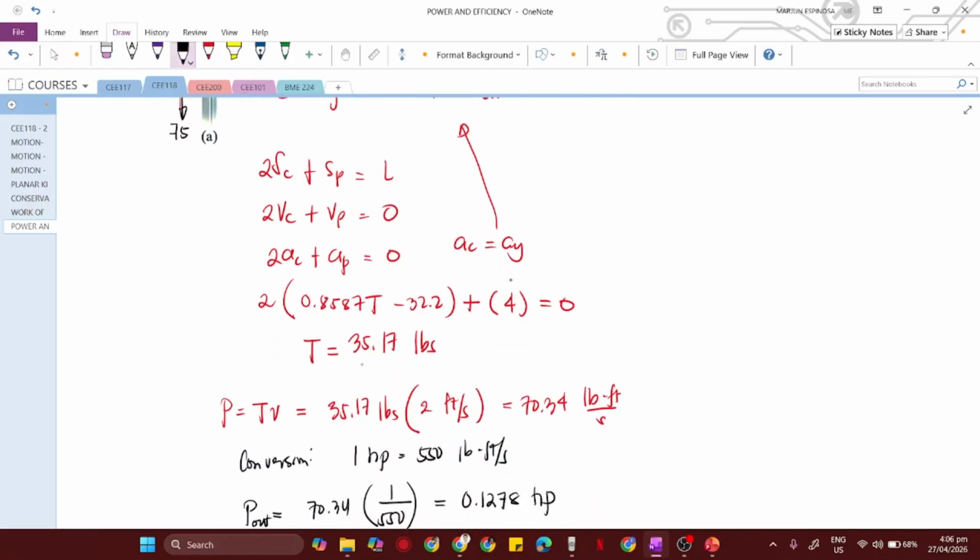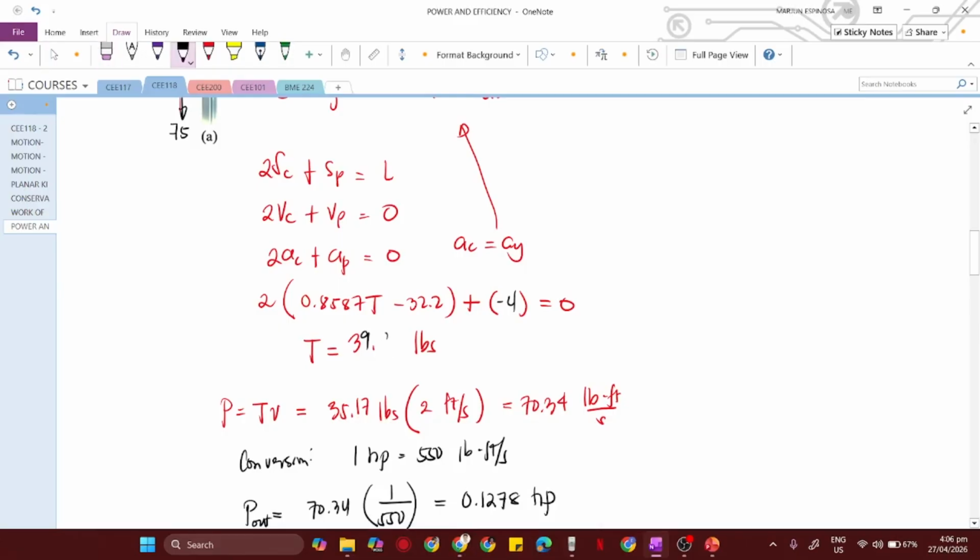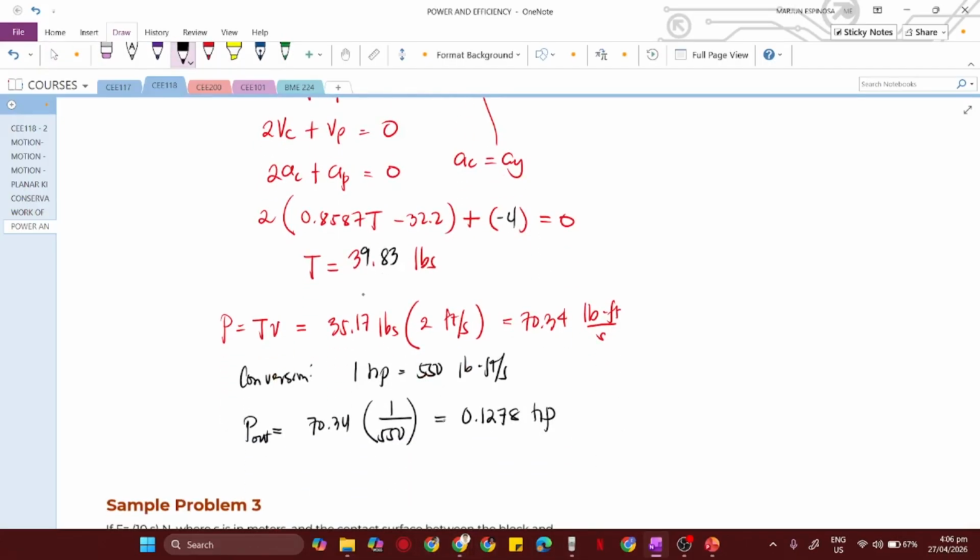Okay, tama pala. Dapat in negative tong 4, you would get 39 point something. Okay, that is equivalent sa 39.83, no? So, kapag in negative yun. So, kapag 39.83 yan, so ito magiging 39.83 din.